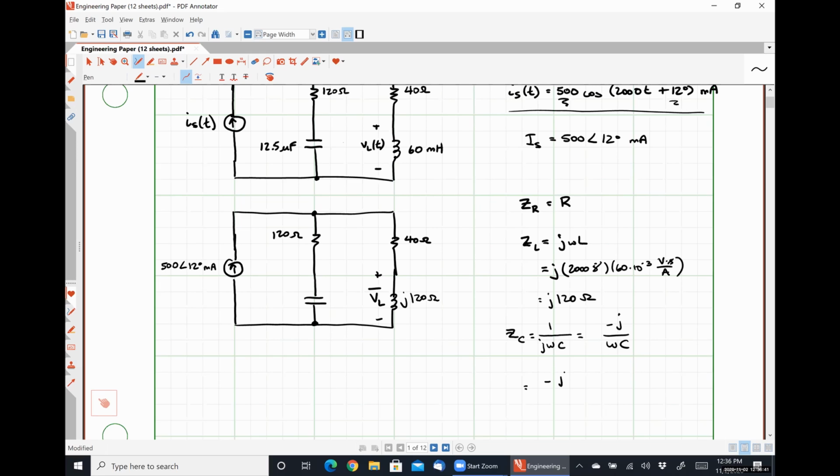So we're going to have negative J divided by 2000 radians per second times our capacitor value, which was 12.5 times 10 to the minus 6 farads, where a farad is an amp second per volt. Again, we see that the seconds cancels the seconds here, so we're going to have 1 over amps per volt, which is the same as an ohm. And if we do the math here, I don't know that I can do this one in my head.